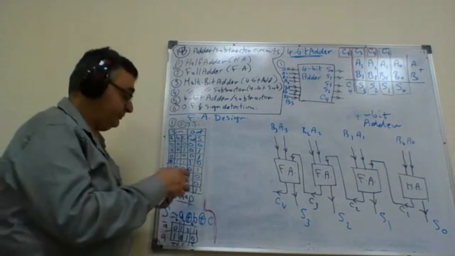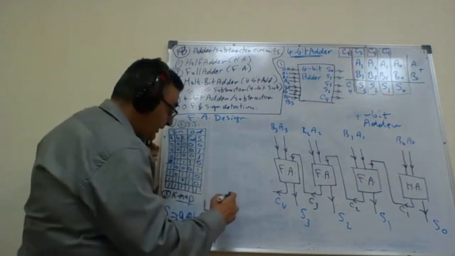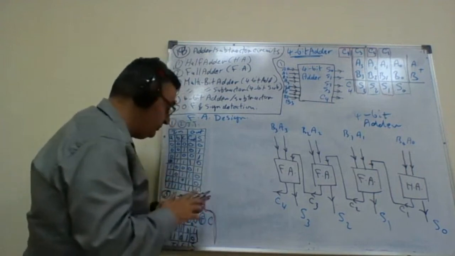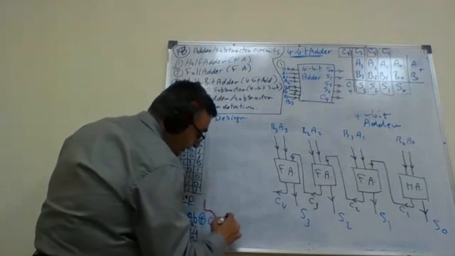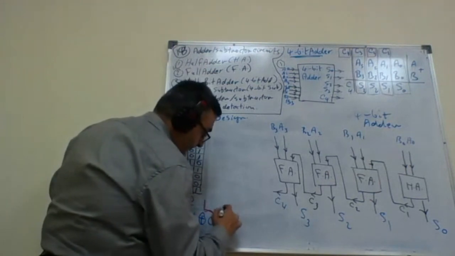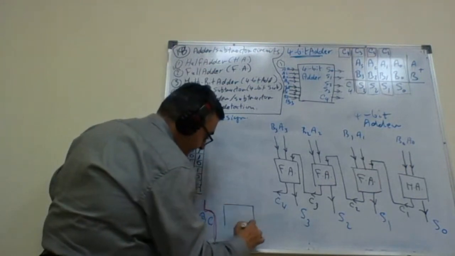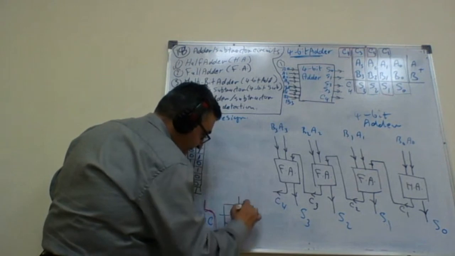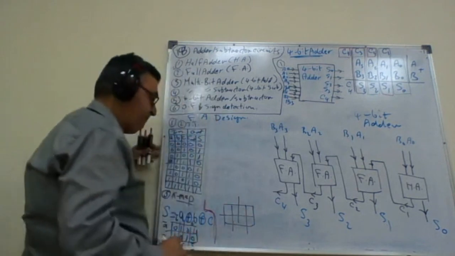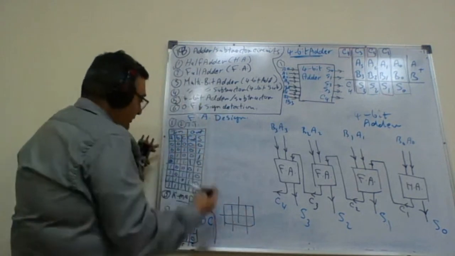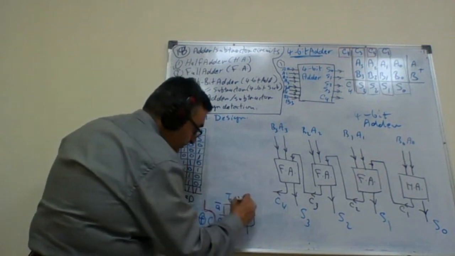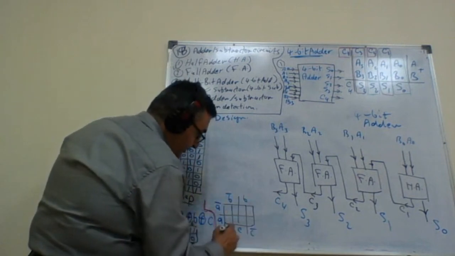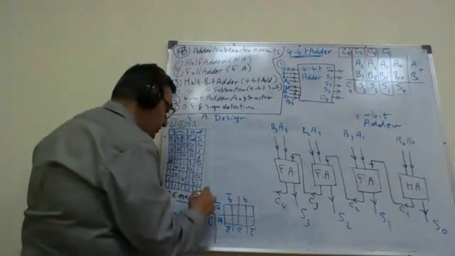The second function that we need to build the K-map for is simply C out. So I need to build the K-map for C out. It has inputs A bar A, B bar B, C, C bar, C bar, and this is for C out.